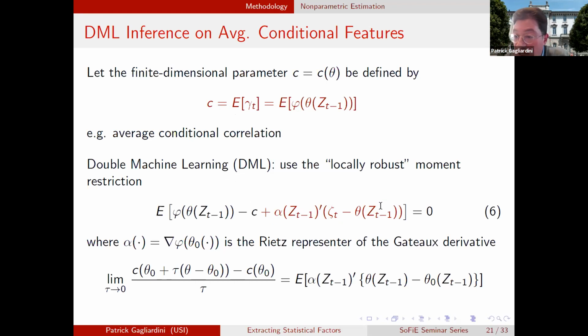And by means of this augmentation, while keeping the fact that this moment restriction is still valid, so it is equal to 0 at the true parameter value, actually by subtracting this term with the first order derivative, we achieve the fact that the first order derivative of this term with respect to the parameter theta is actually equal to 0. So we get something like the fact that the moment function is not sensitive, at least at first order, to changes in this infinite dimensional parameter theta.